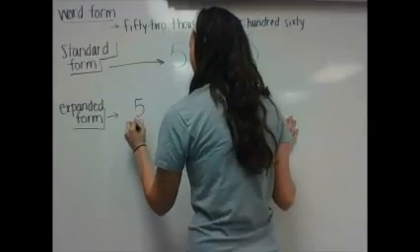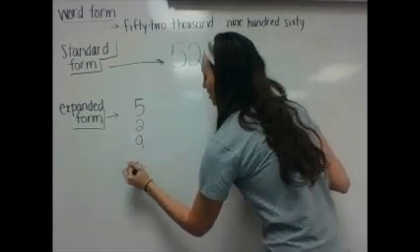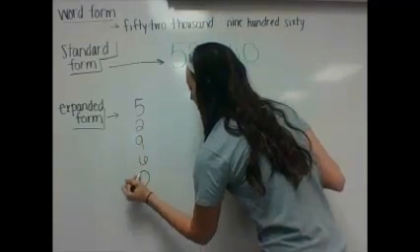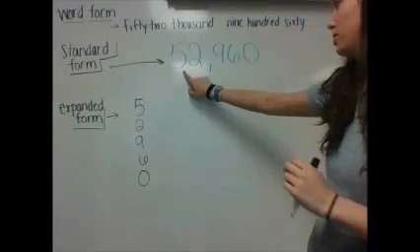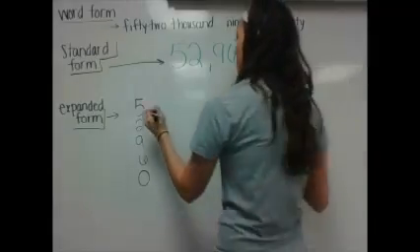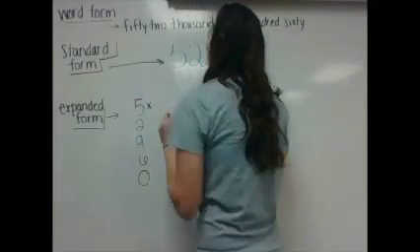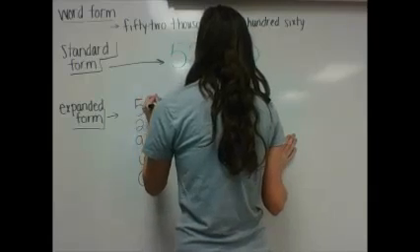So 5, 2, 9, 6, and 0. And we'll talk about that 0. Okay? Now, again, these are our places. Now we're doing the place value. So we're going to look at 5 times whatever place it's in, which would be the 10,000.